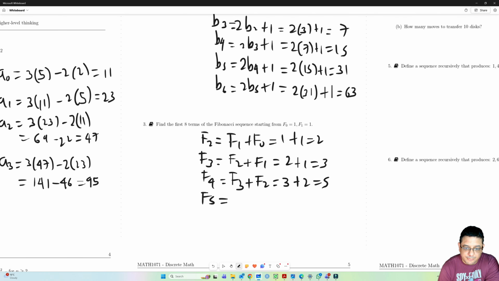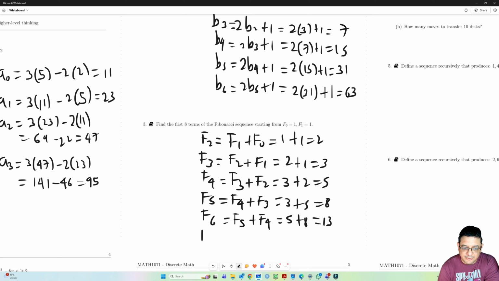F5 will be F4 plus F3, which is 5 plus 3, which is 8. F6 is F5 plus F4, and that's just 8 plus 5, which is going to be 13. And last, F7 is F6 plus F5, and this is just 13 plus 8, which is going to be 21.